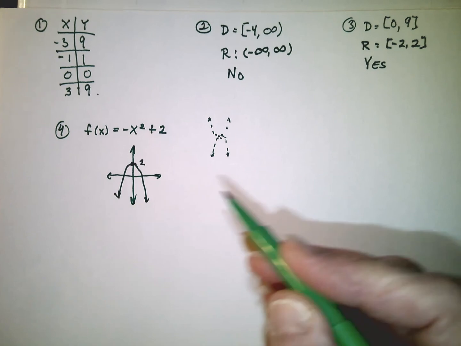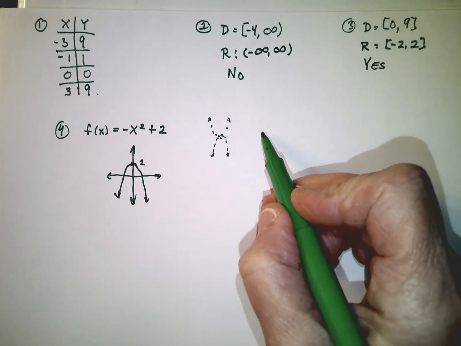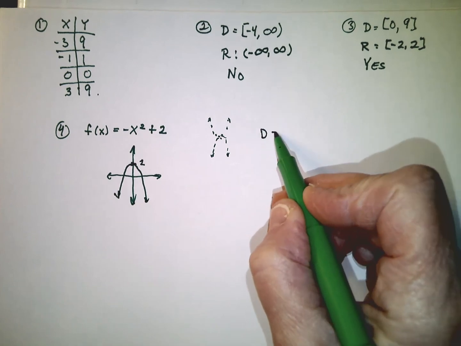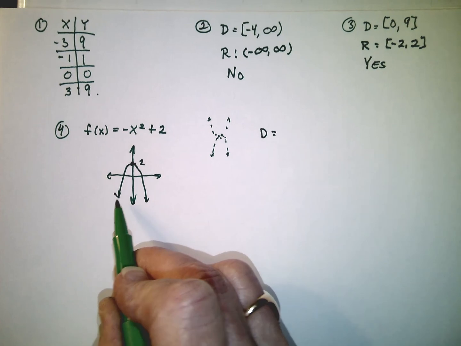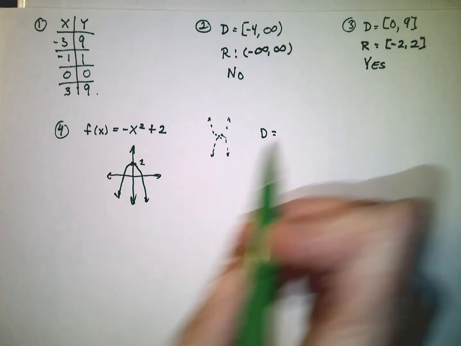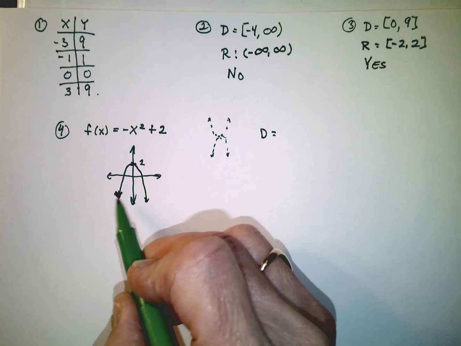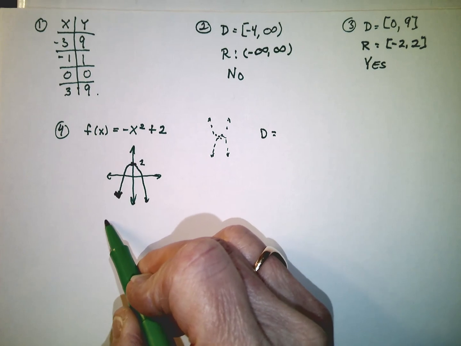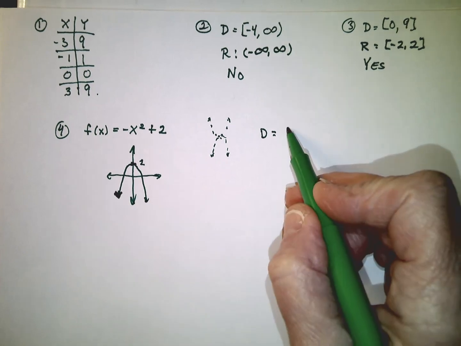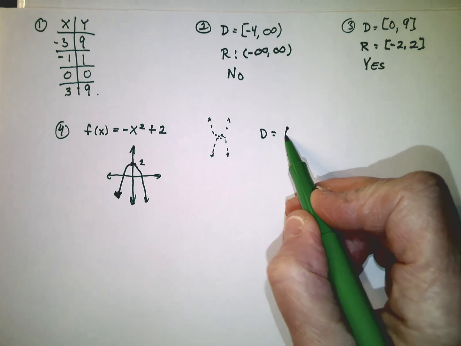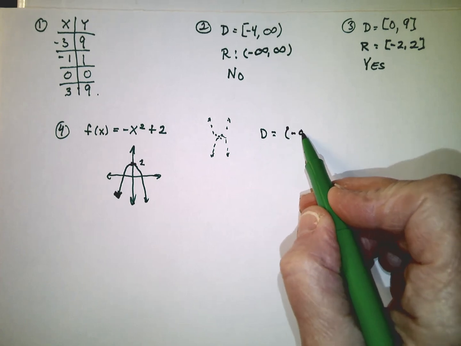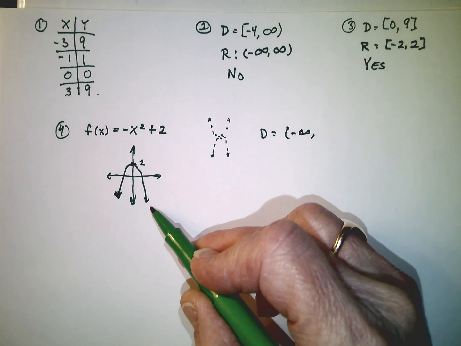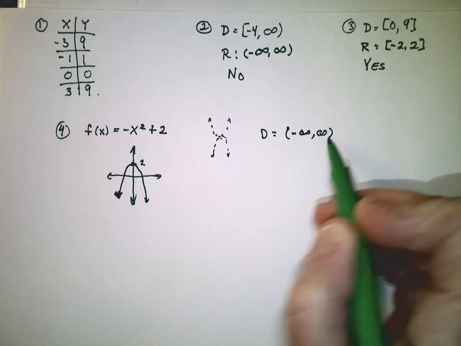And from that, hopefully, we can still find the domain and range. The domain is going to be how far to the left, how far to the right. They're not spreading very fast, but the x's are slowly going to the left. So we're going to go from negative infinity and slowly increasing to the right.